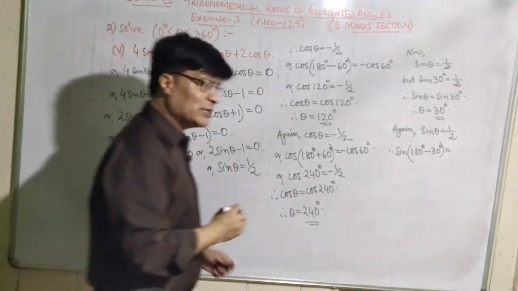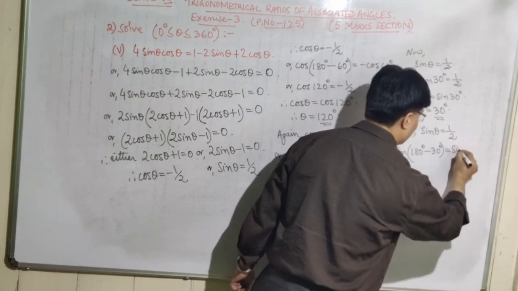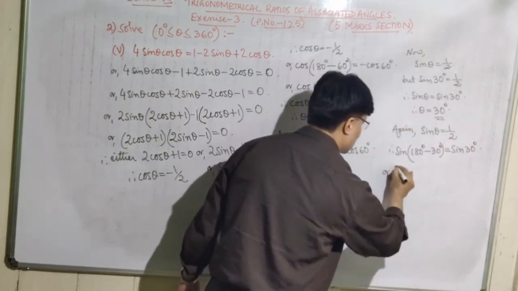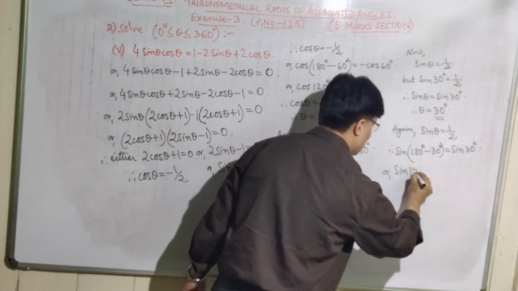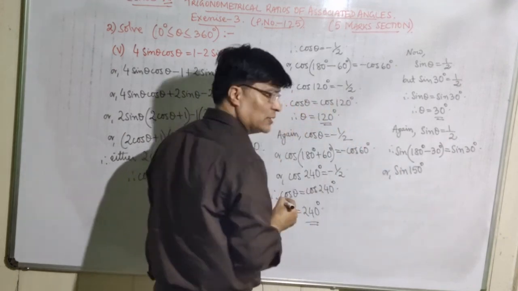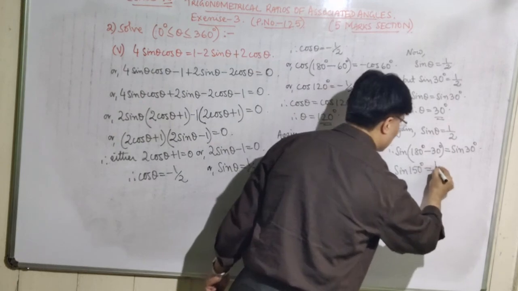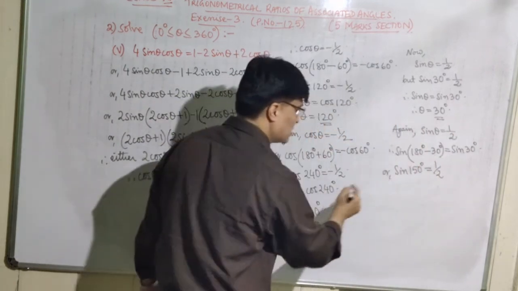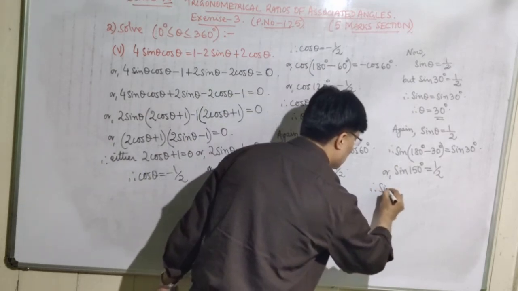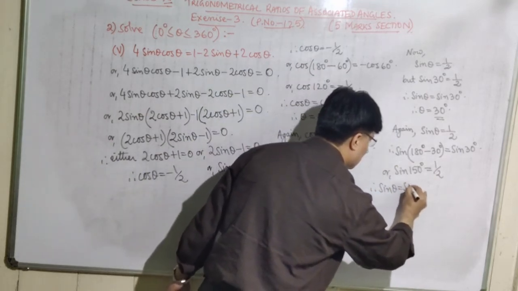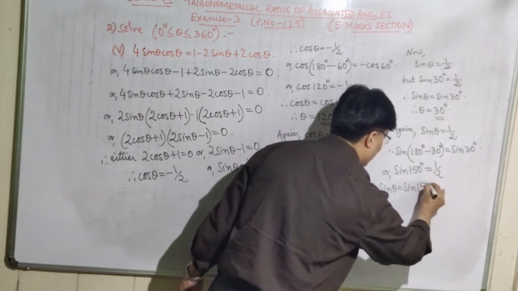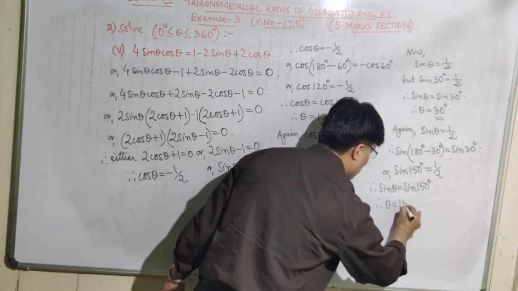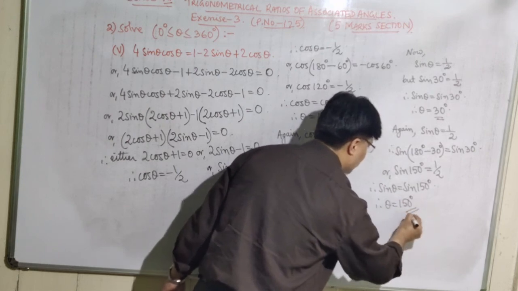What is sine 180 minus theta? It is sine theta. So it is sine 30 degree. Or now this is sine, what is 180 minus 30? 180 minus 30 is 150, which is sine 30 is half. Since right hand sides are equal, left hand sides must be equal. That is sin theta is equal to sin 150 degree. That is theta is equal to 150 degree.